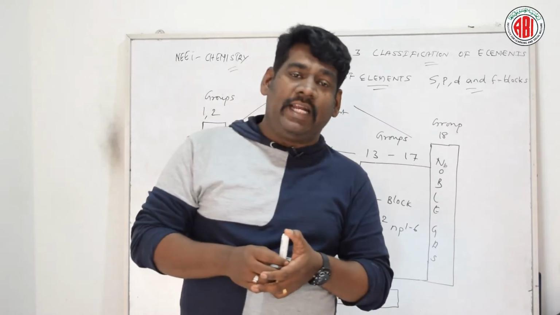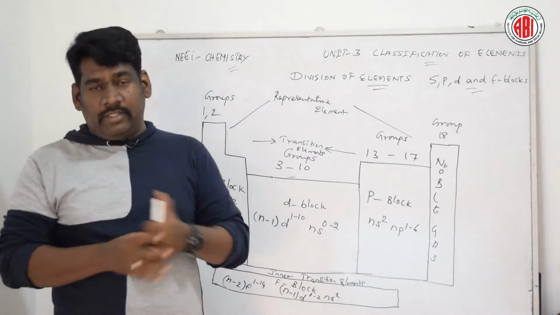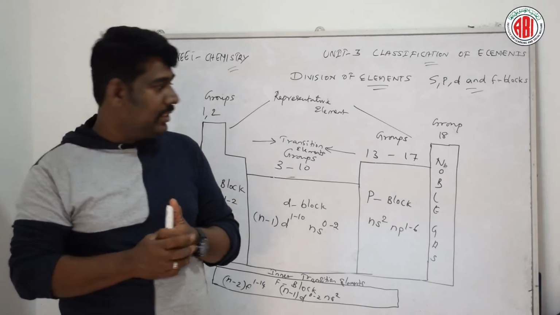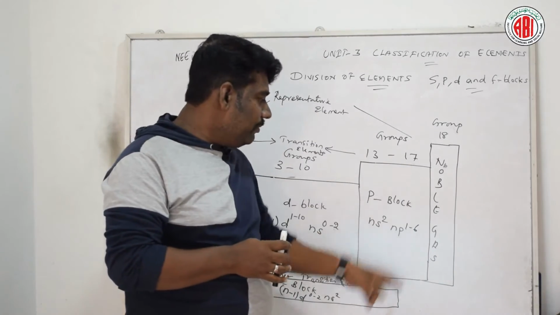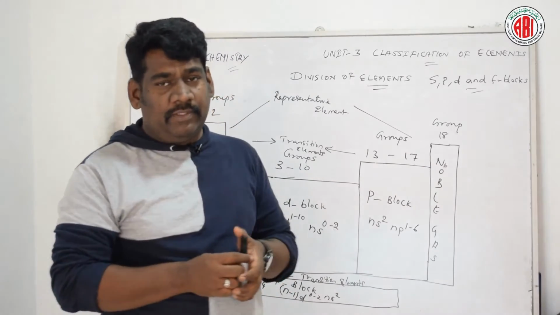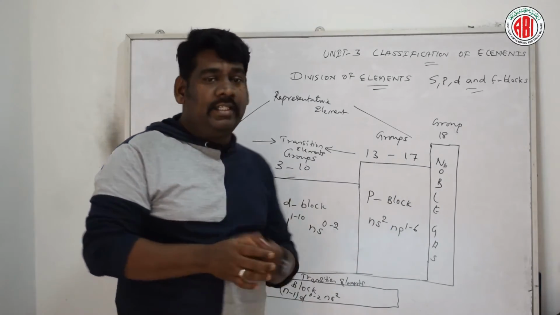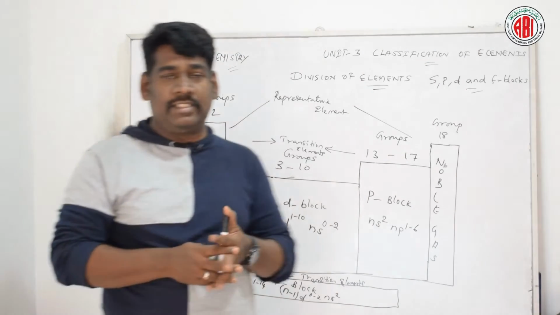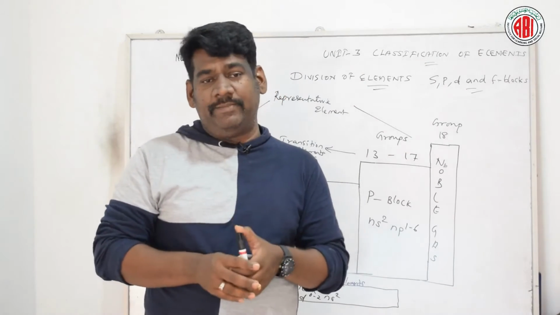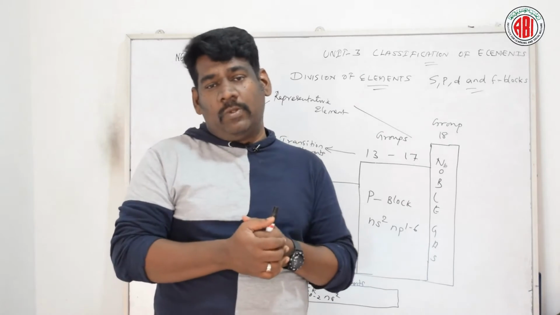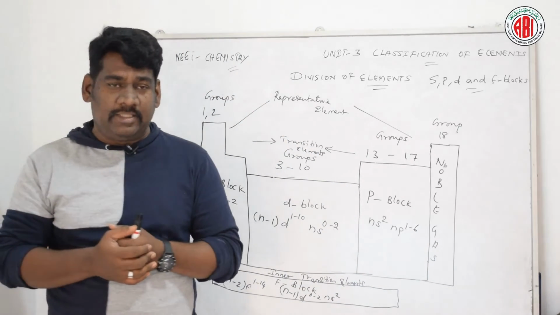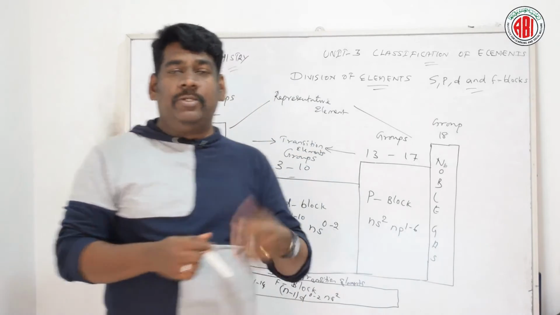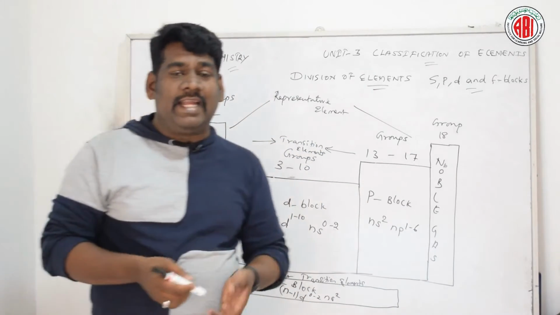They are non-reactive elements. Now, talking about the halogens, that is group 17, and similarly group 16, these elements are called chalcogens. These two groups of elements can readily accept one or two electrons respectively to attain noble gas configuration and to form univalent or divalent negative ions.